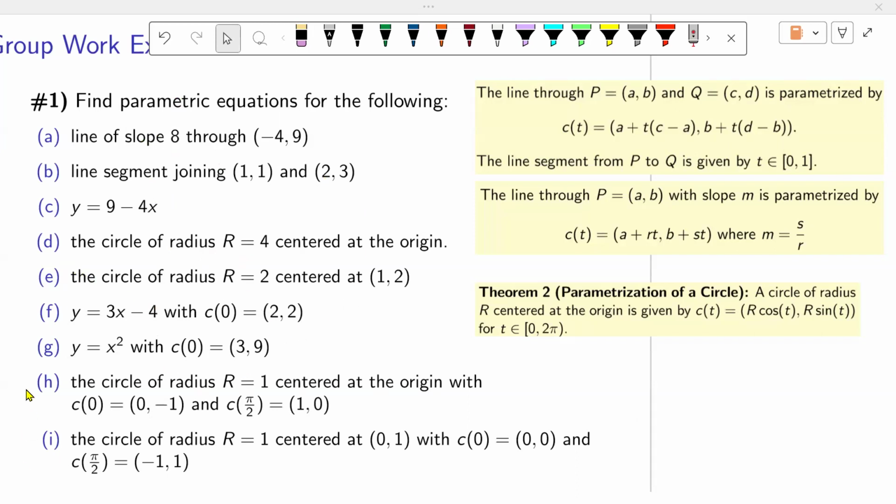Part E through I requires you to start getting creative. Oh, you figured out that one. Very good.